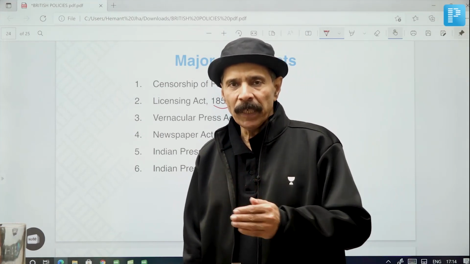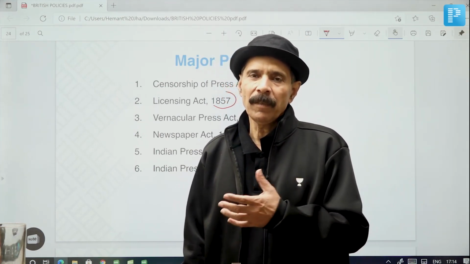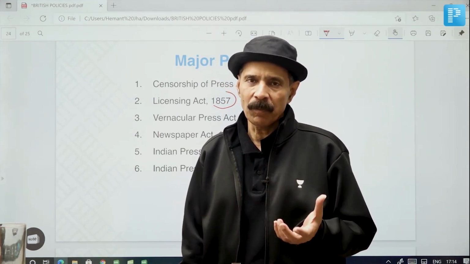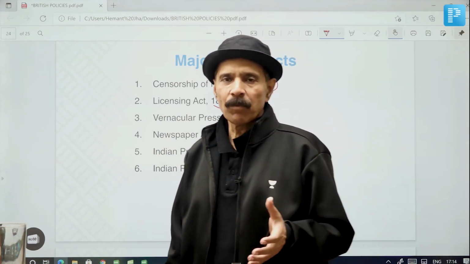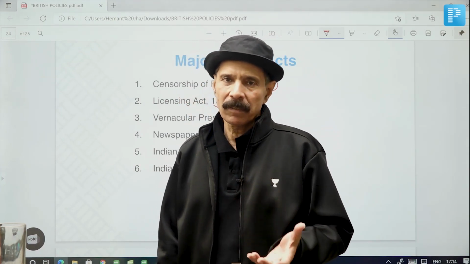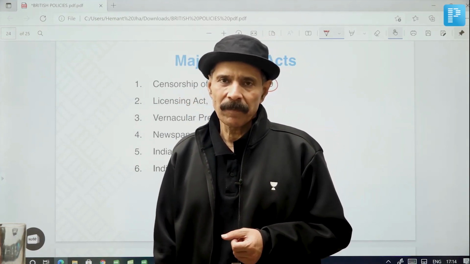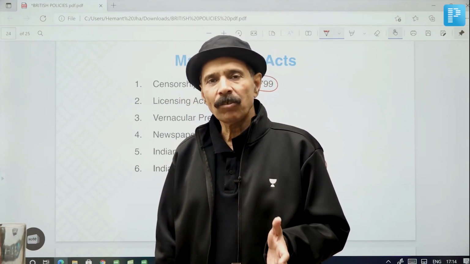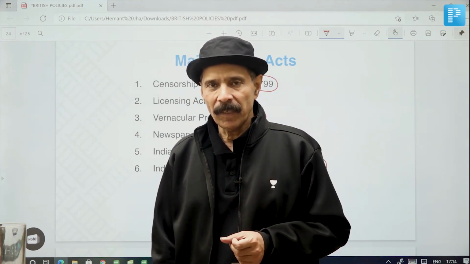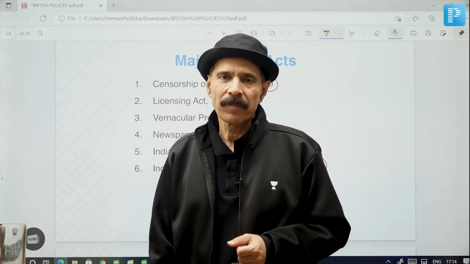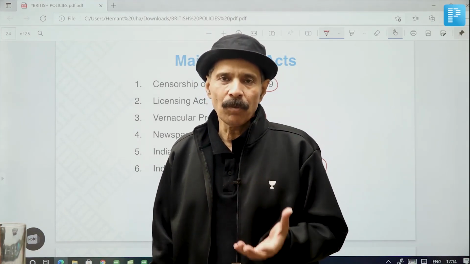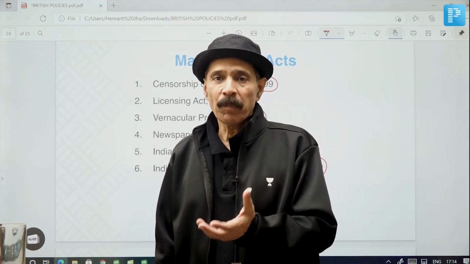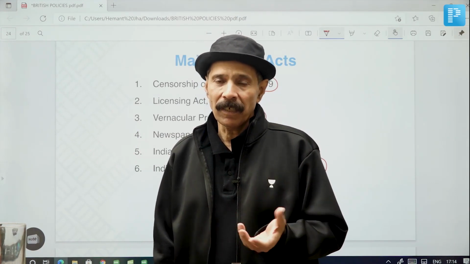The British pursued a press policy that aimed at curtailing the powers of the press, particularly when the press was involved in anti-government activities. And with the rise of Indian nationalism, 1870s onwards, there arose a good number of vernacular and English press, and they were nationalist in character.